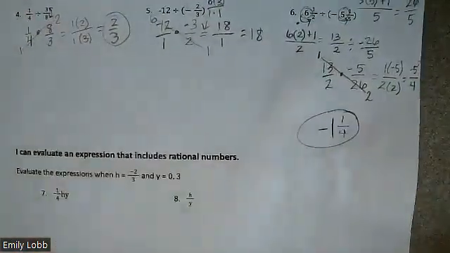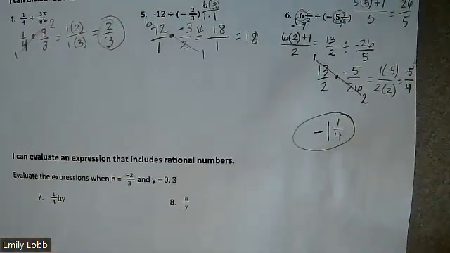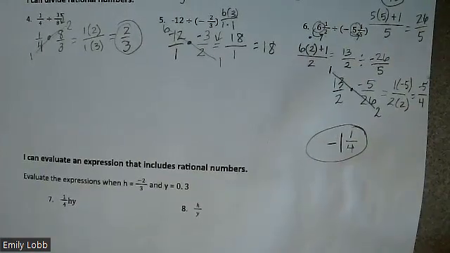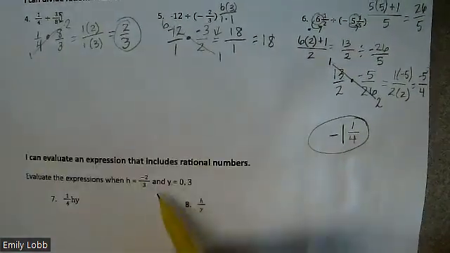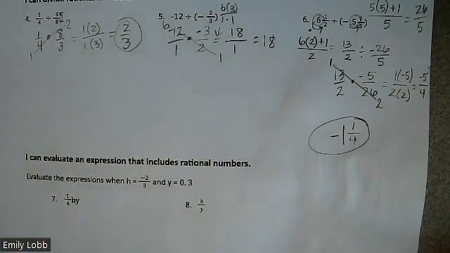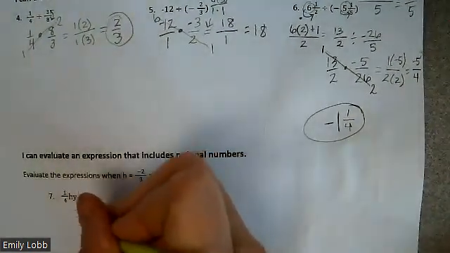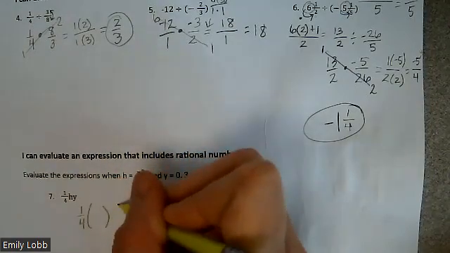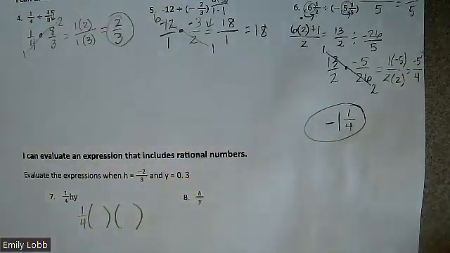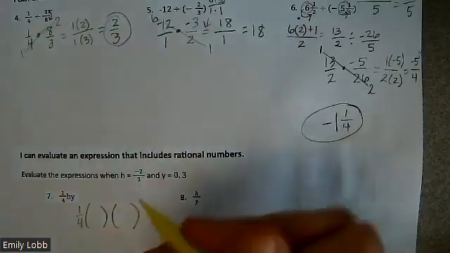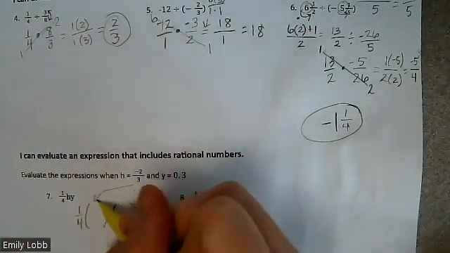All right, these next 2 you have to do as fractions as well. Because 2/3 is a repeating decimal, it's not terminating. So you have 1/4. Remember, we always rewrite parentheses in place of our letters. And then we put in our numbers here.